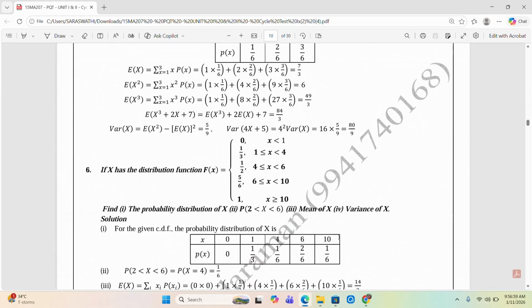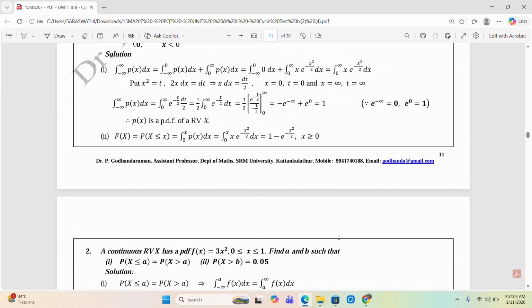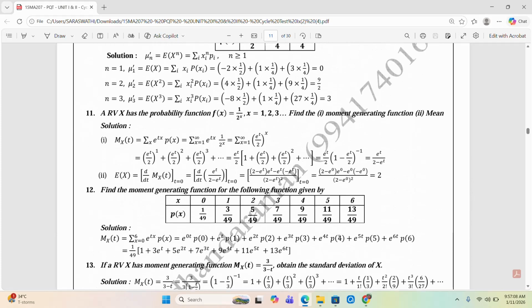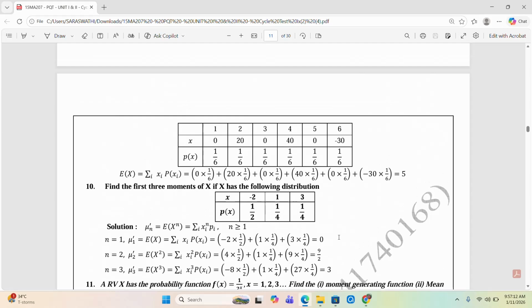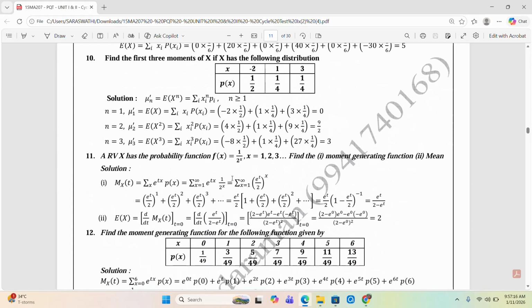Now we have the problem for the moment generating function. Let's see the question.